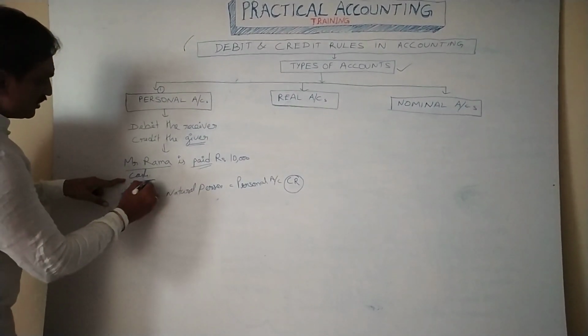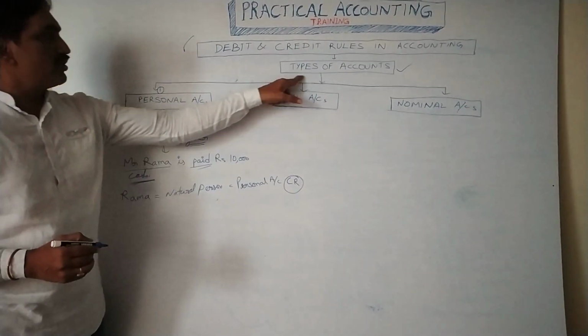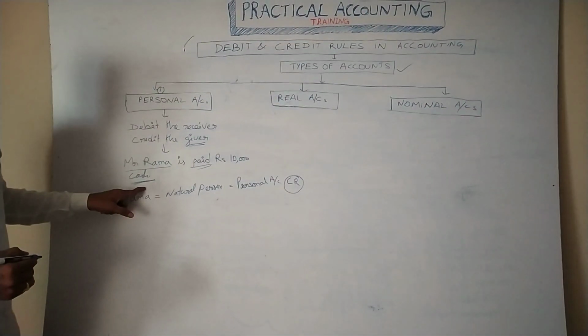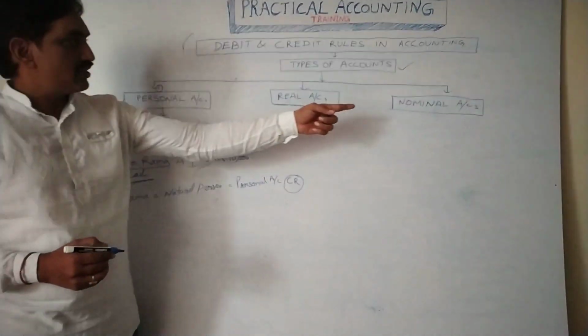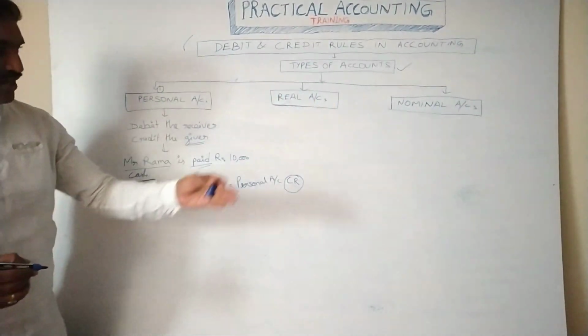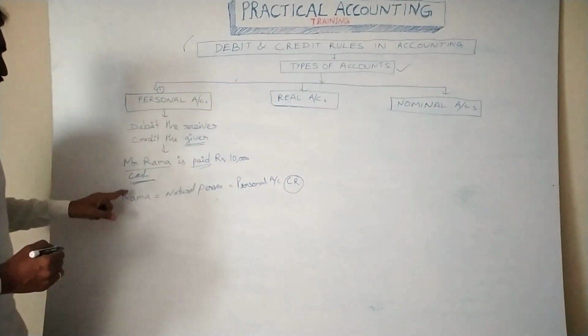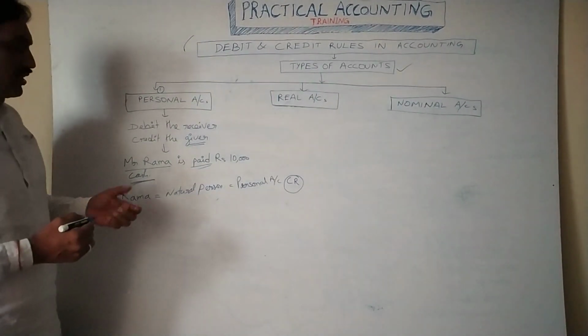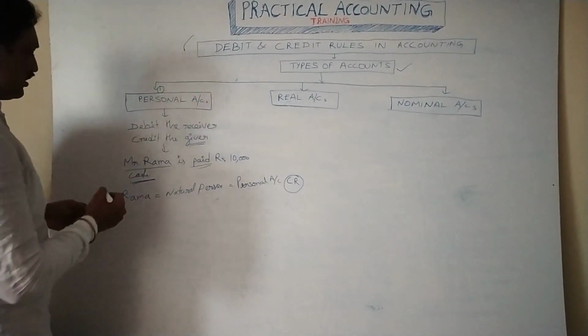Next, cash. What is the type of this account? Cash is not a person. It is not expenses. It is not revenue. It is not gain. It is not profit. So cash is a physical form, a physical asset.